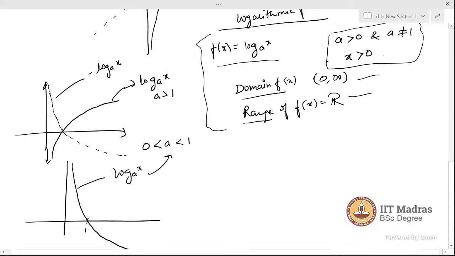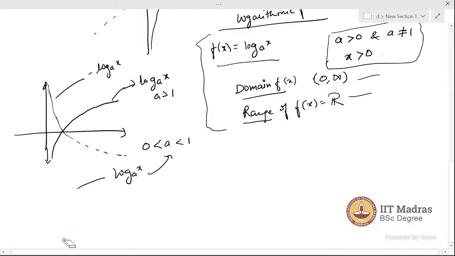But do not get confused, this is not the same as this. They may look the same, that is fine, but the magnitude will not be the same. You cannot say these both are equal. So now we understood this basic graph for log x and minus log x.